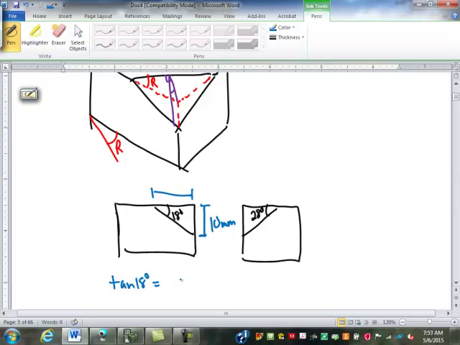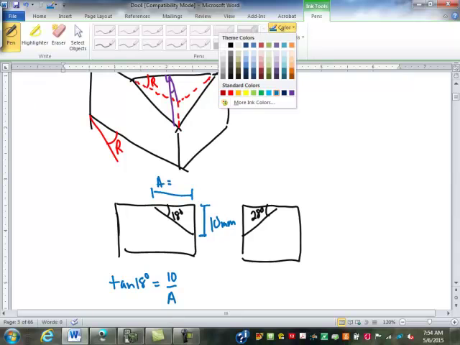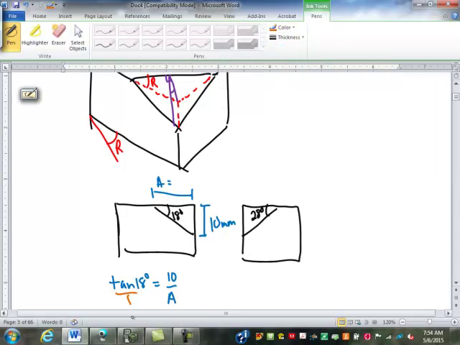Okay, tangent of 18 degrees is over 1. Well, it'll be 10 over A this time, so we're backwards, right? You want to do tangent of 18 divided by 10. Actually, the other way around. 10 divided by tangent of 18, right? We'll give you 30.77, okay?